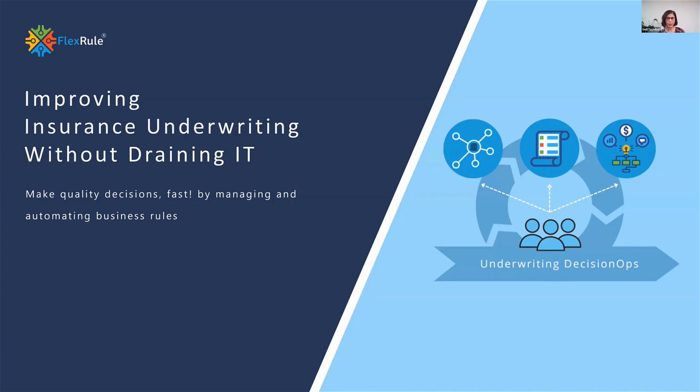Proudly, we have customers around the world, North America, Europe, and of course APAC, and very interestingly across a wide range of industries such as insurance, finance, leasing, government agencies, and so on.